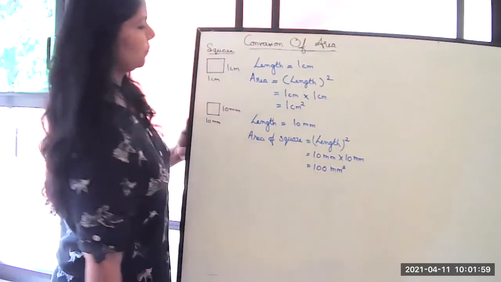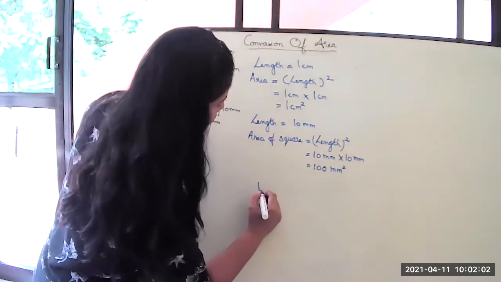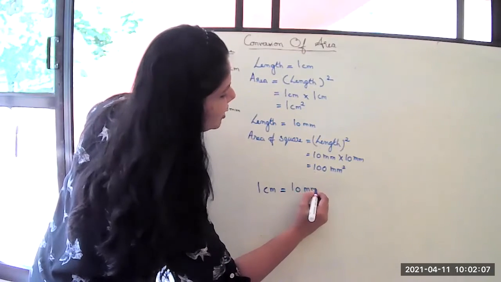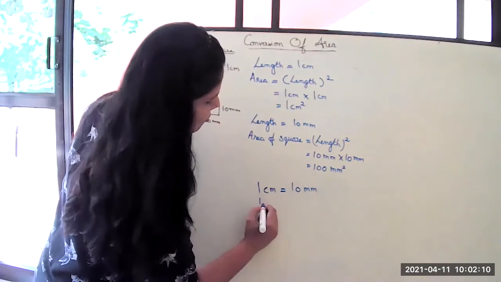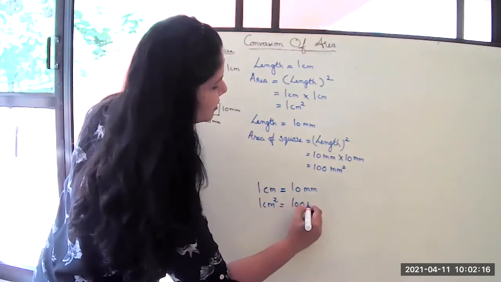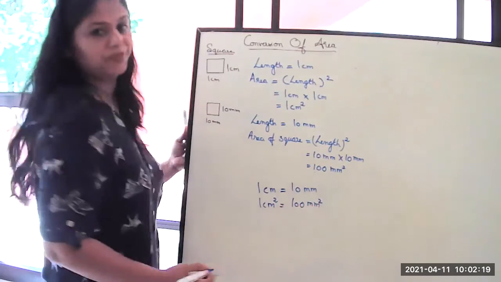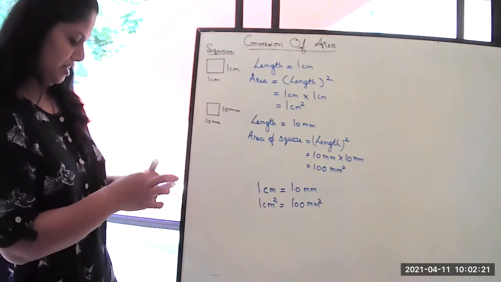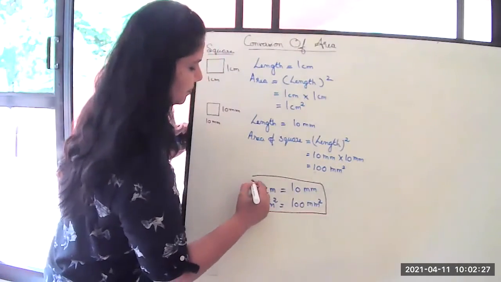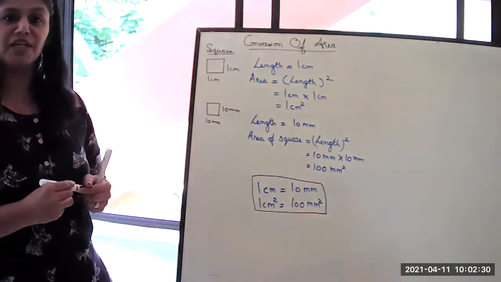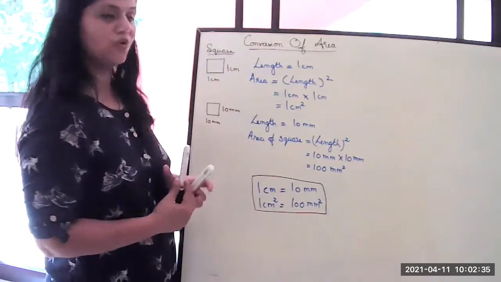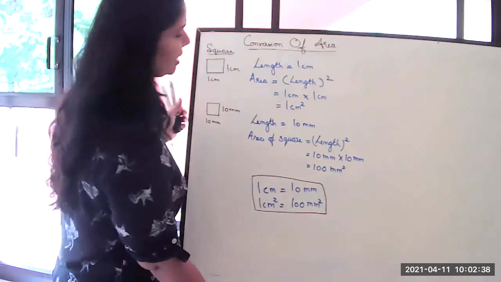So again, 1 centimeter is equal to 10 millimeter. Therefore, 1 centimeter square should be equal to 100 millimeter square. This is another formula. You should remember this. So 1 centimeter is equal to 10 millimeter and 1 centimeter square is equal to 100 millimeter square.